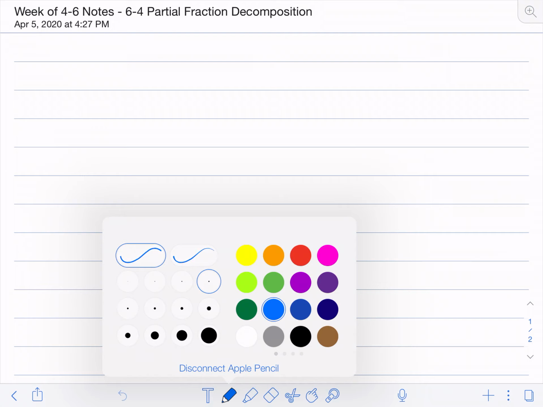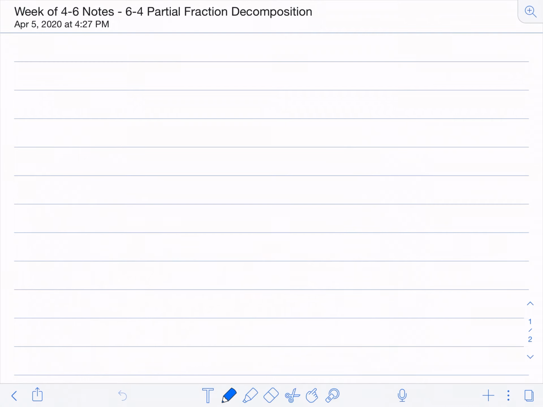So before we get into that, though, I want to talk about how fractions are added together first, just as an example. Let me give you a quick recap of something you learned back in elementary school. If you had fractions like 2/3 and you were going to add 3/5 together, what would you do?